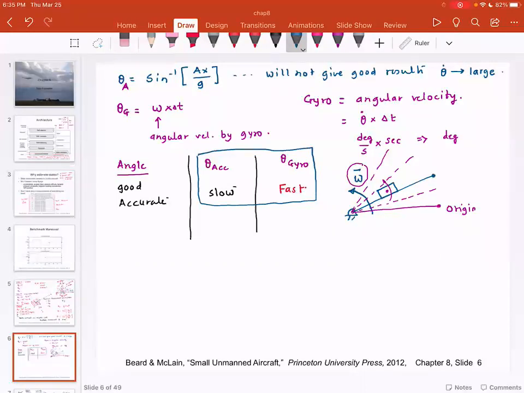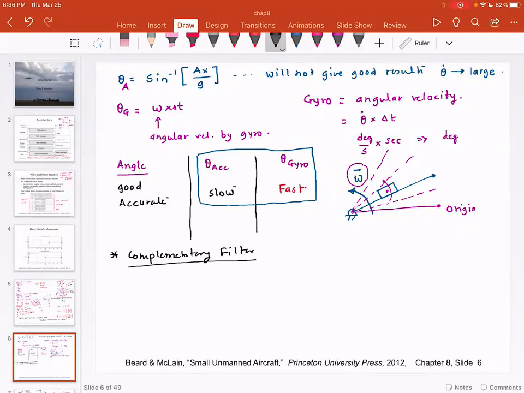So here is how I would formulate this. Before I go further, I'm going to introduce an important filter called the complementary filter, which is sort of a precursor to the Kalman filter. We'll work out the same problem later using the Kalman filter.